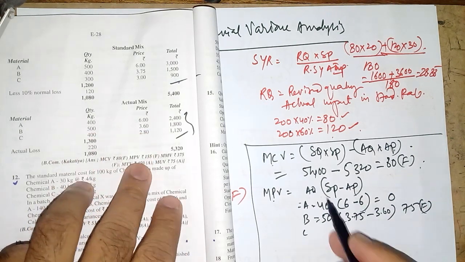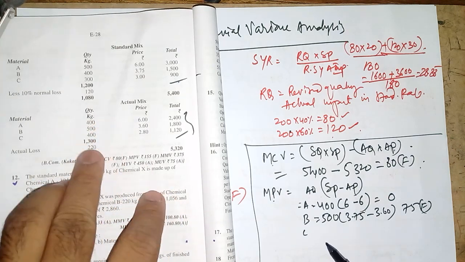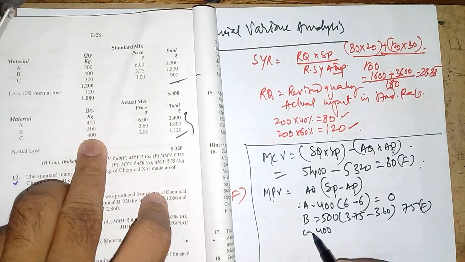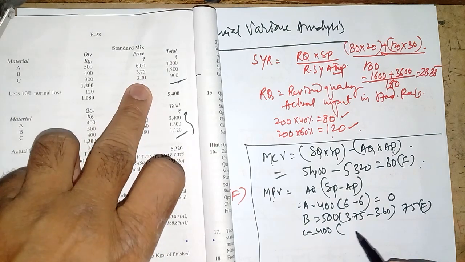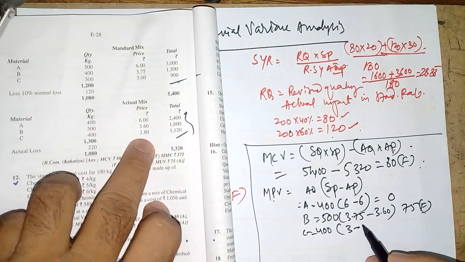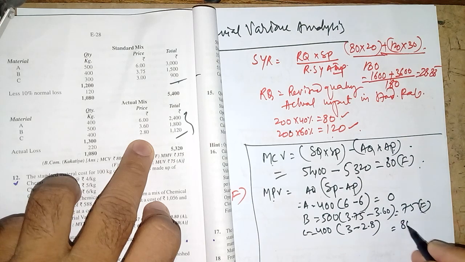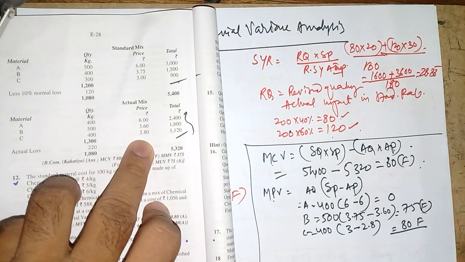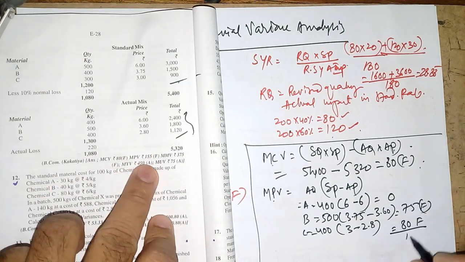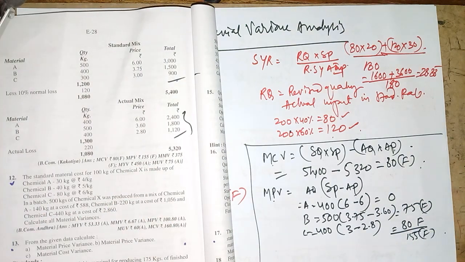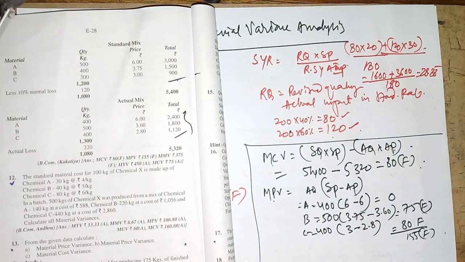Then C, actual quantity is how much? 400. Then standard price is 3 minus actual price is 2.8. So 0.2 into 400 is equal to 80 favorable. So 80 plus 75 is equal to 155 favorable answer, right? So like this we calculated MPV.